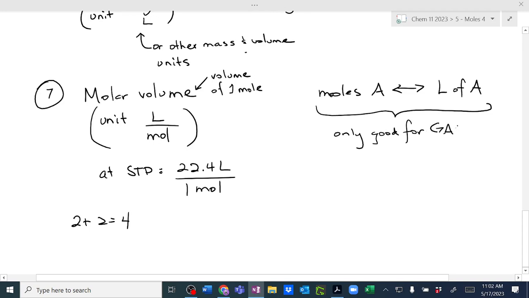Gases at STP. Quite frankly, there are other molar volumes at other temperatures and pressures, but I'm not going to teach you all of them. Yes, because that would be ridiculous.